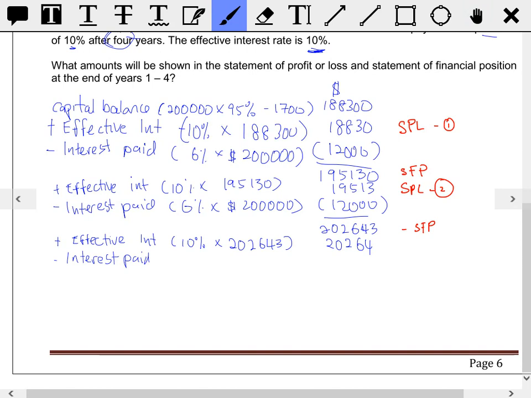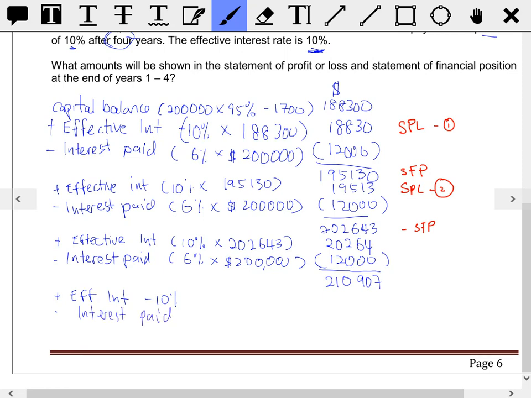Because we apply substance over form, they have similar characteristics as a loan, so it should be a financial liability. So how do we measure a financial liability? Because it's a liability, we start off and continue with amortized cost.